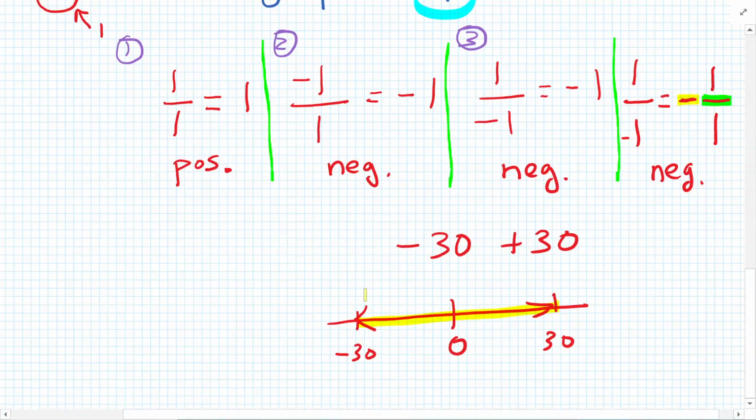It's a difference of 60 units from negative 30 to 30. So when you have a sign mistake and you forget it, a problem can be really off in the end by huge magnitudes depending on the numbers involved.